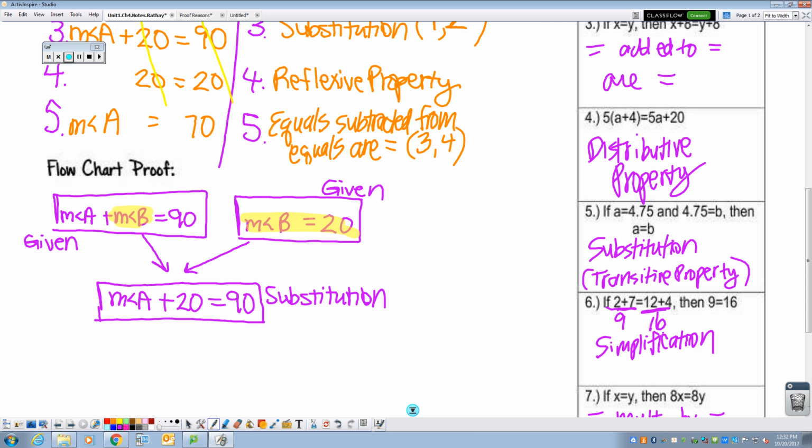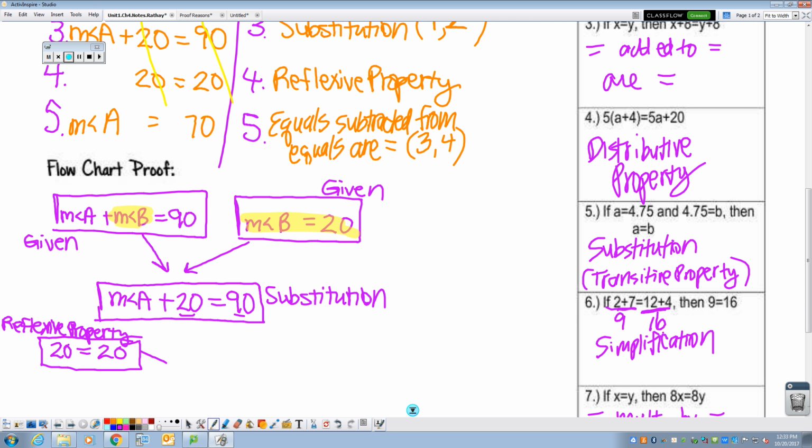Now, my goal is to get measure of angle A is 70, so I have to get rid of this 20 from both sides. So because I'm getting rid of 20 from both sides, I need 20 equals 20. And you can really write this box wherever you'd like. We need to put our reason on the outside, and this one is the reflexive property.